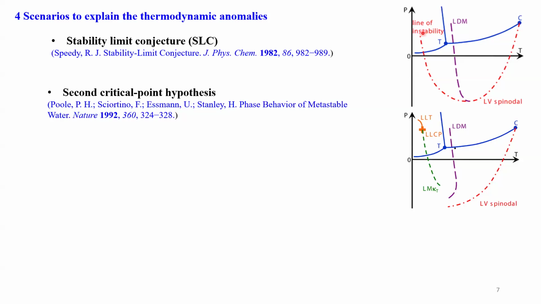But later on, in 1992, Stanley's group discovered that this line, I will go into that in the next slide, is not a line of instability, but a phase transition line. It is a phase transition line between liquid-liquid phase transitions, and it ends at a point called the critical point, because here also there is a critical point, the liquid-vapor critical point, and this is a liquid-liquid critical point.